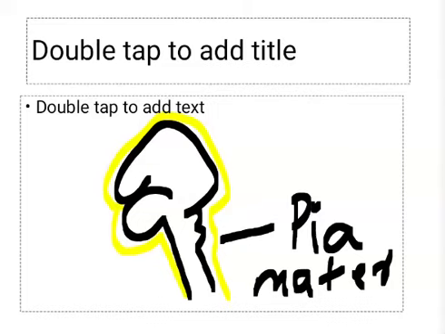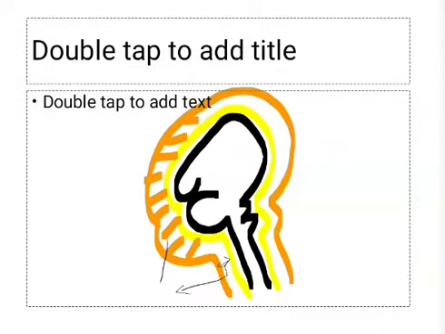So in this figure you can see the innermost layer, which is marked in yellow color, as pia mater. Now coming to the second and middle layer, it is marked in orange color in this figure. It is the arachnoid layer, and the space between the arachnoid mater and the pia mater is known as the subarachnoid space.